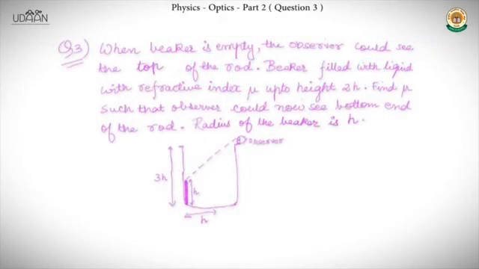Third question is described as follows. When the beaker is empty, the observer could see the top of the rod. So from the diagram, we see that we can form a triangle from which we can obtain some data. Now the beaker is filled with liquid with refractive index mu up to a height of 2h.